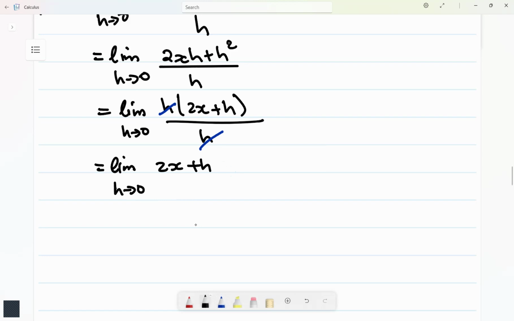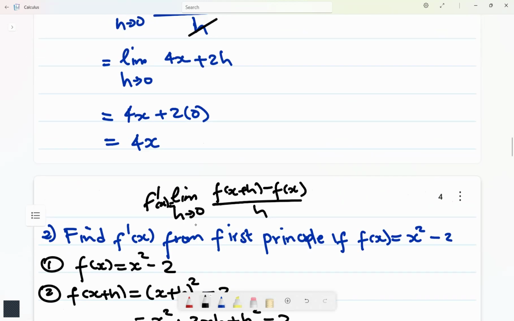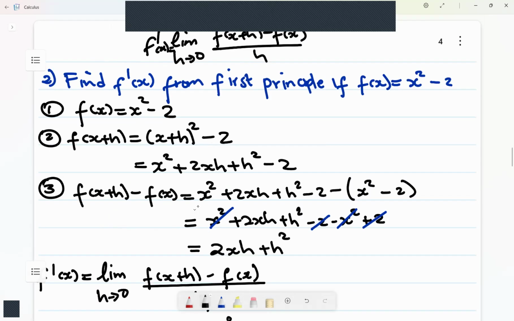Therefore, it is equal to, so remember, when you substitute, you no longer write limit plus 0, which is just basically 2x, okay? What if I told you that I can directly find an answer from f of x and say now the answer it is 2x.